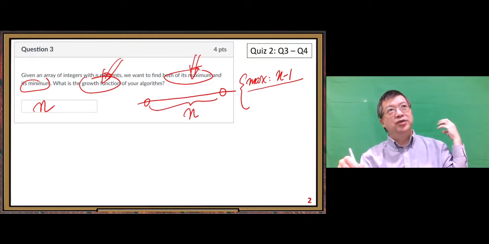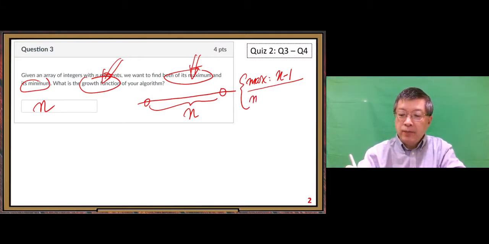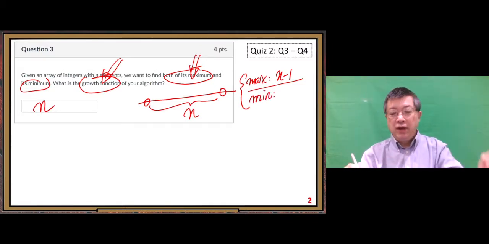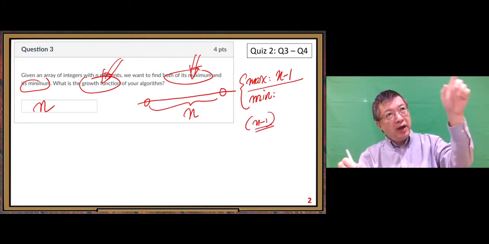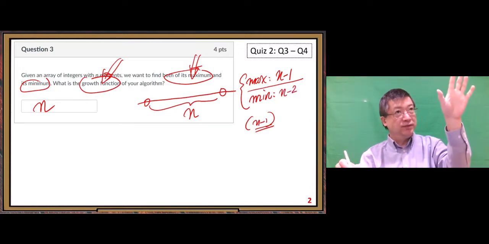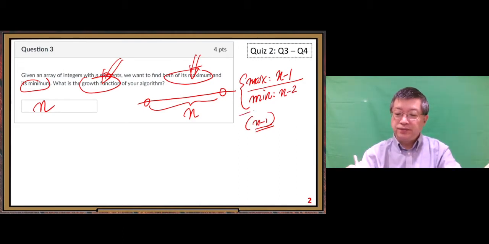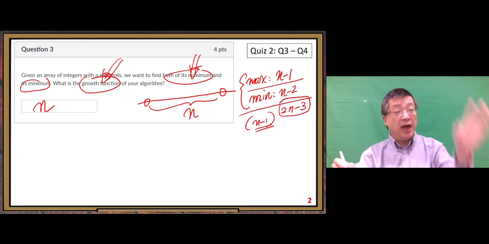So the next round, you want to find a minimum, but this time you have n minus 1 elements. In the n minus 1 elements, to find the minimum, the number of comparisons is n minus 2. Adding together, you get the total number of comparisons 2n minus 3. But that's the answer, right?